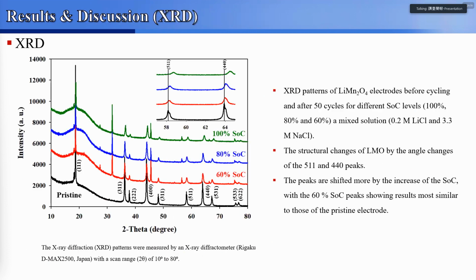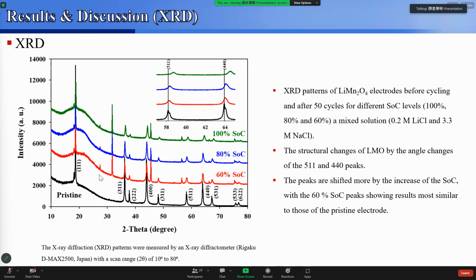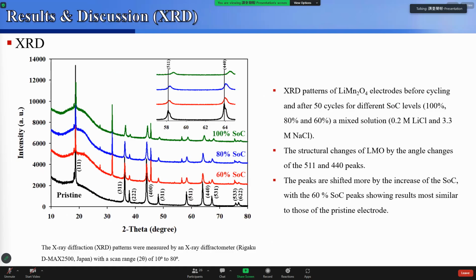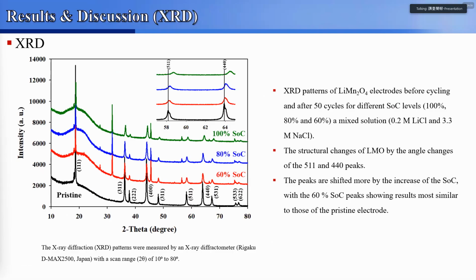This page shows the XRD patterns of lithium manganese oxide before and after cycles for different SOC levels. We can check the structural changes of the material by checking the 511 and 440 peaks.